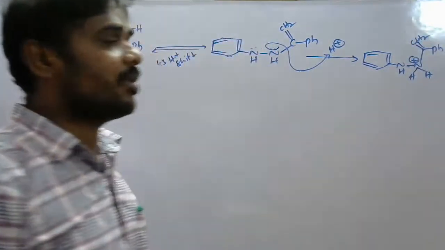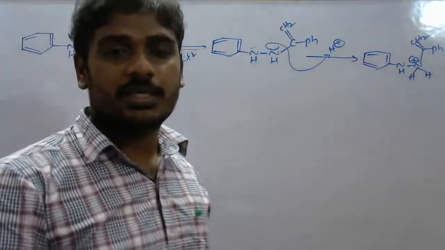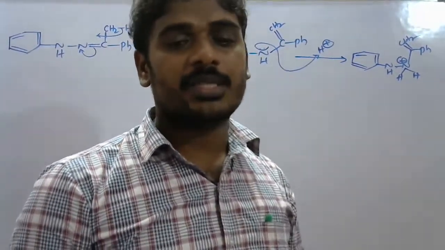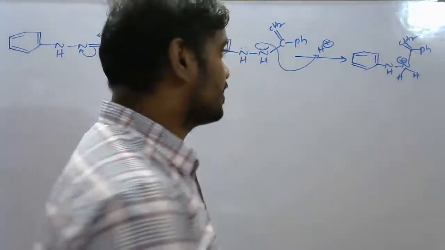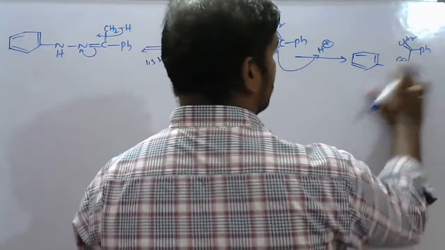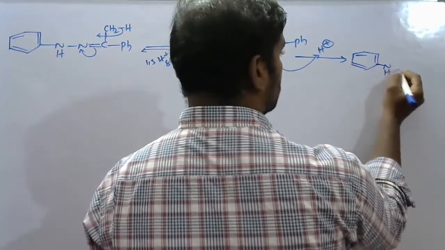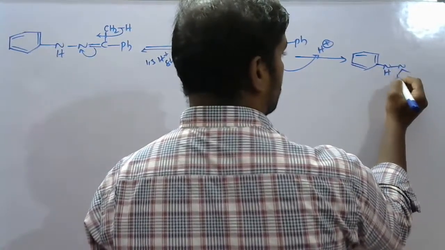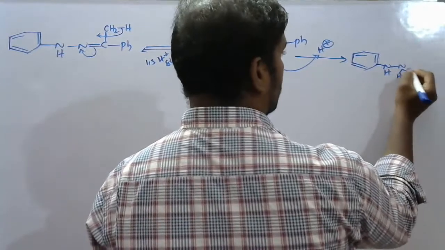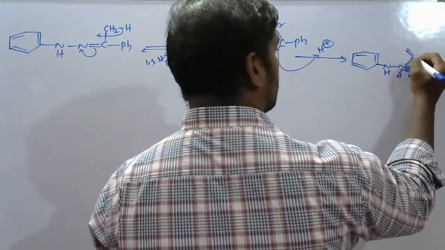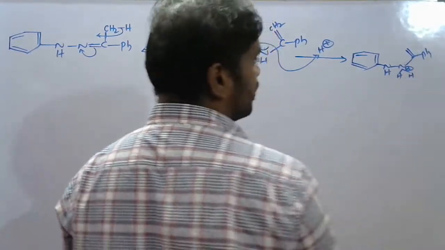Here a double bond is formed. Now see here, mainly a 3,3 sigmatropic shift takes place. So this can be written as NH, N plus, with the phenyl group.